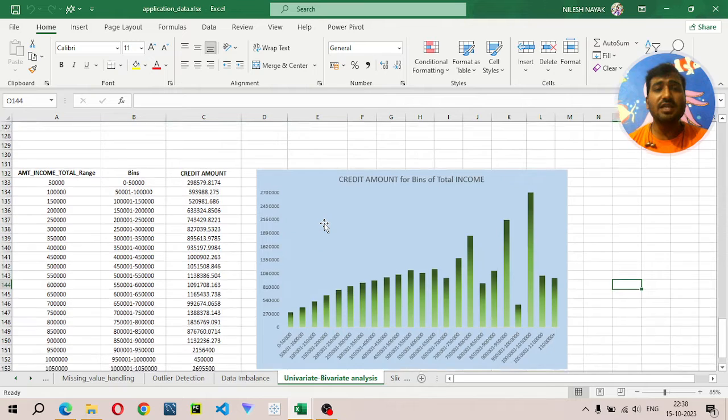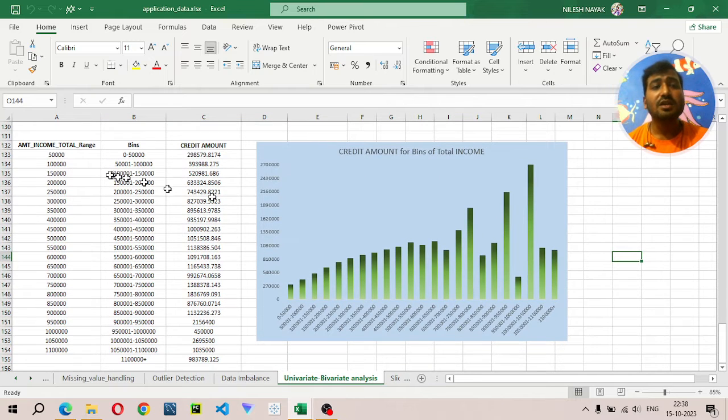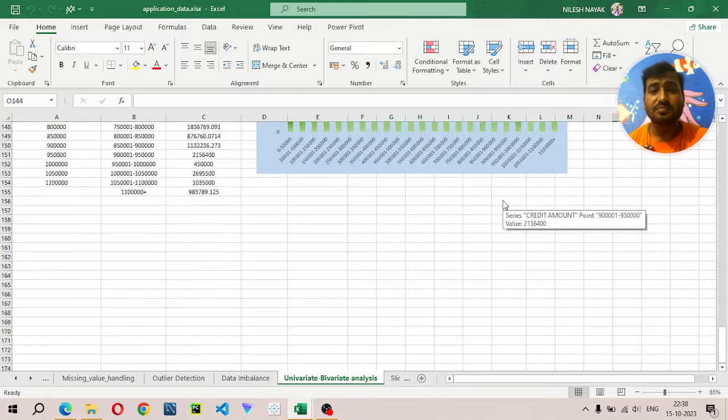Now coming to the bivariate analysis, what we have done here is that we have created the range for income bins, and for each income bin how much amount of credit has been approved. Here we can see that the income bin between 10 lakh to 10 lakh 50,000 has a higher range of credit amount approved by the bank.